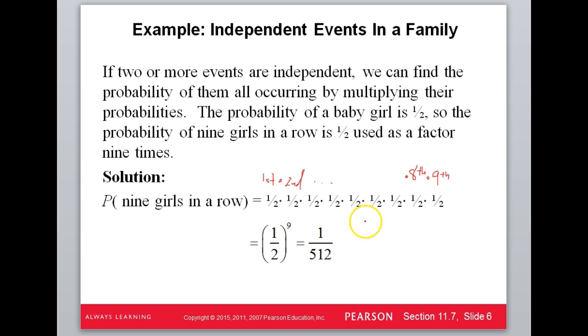Now if these were different probabilities, like the probability of a king, and then you shuffle the deck, and then a queen, and you shuffle the deck, and a spade, and you shuffle the deck, and then a red card, then you would still multiply them together.